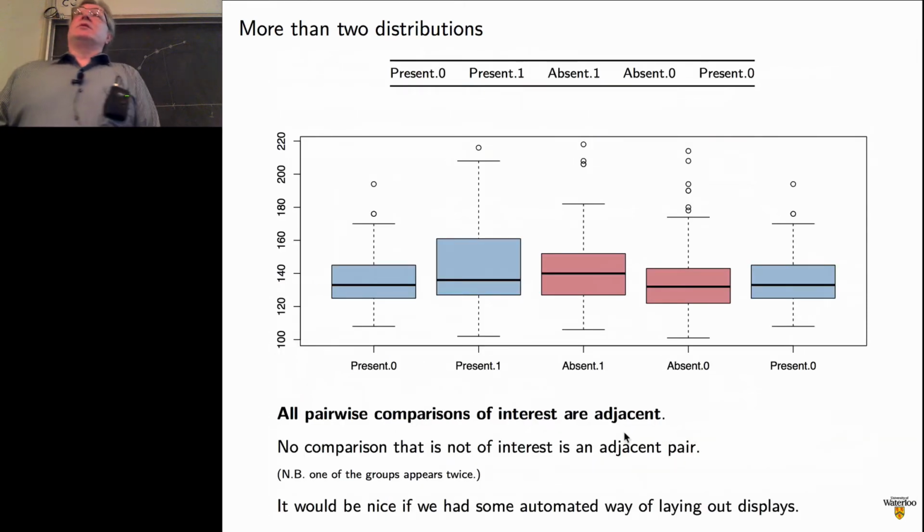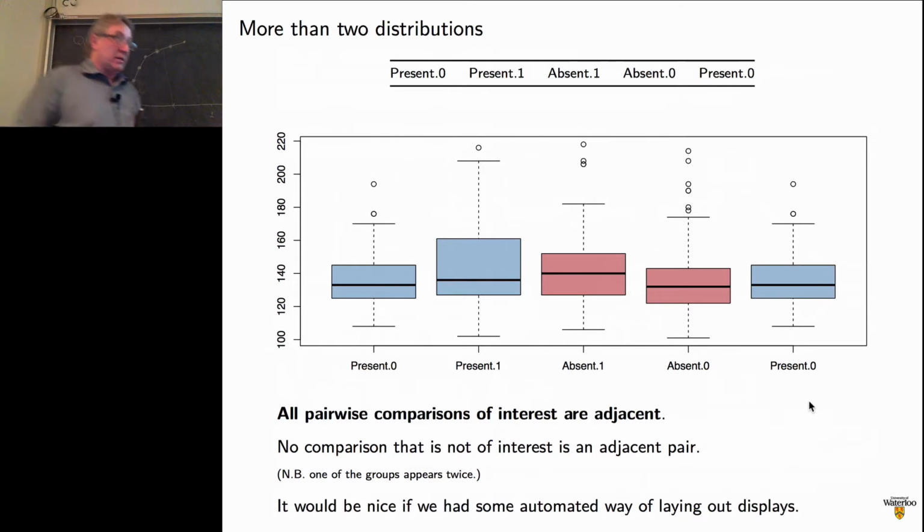So knowing which box plots we're interested in comparing suggests an obvious way to order the box plots. So I have the comparison I want between heart disease or not with family history present, comparison between family history present or not when there's coronary heart disease, between coronary heart disease or not when there's no family history, and now between whether there's no family history or family history for those that have no coronary heart disease.